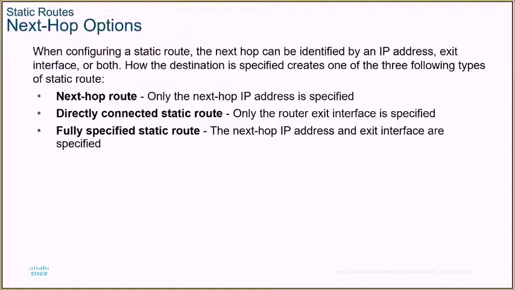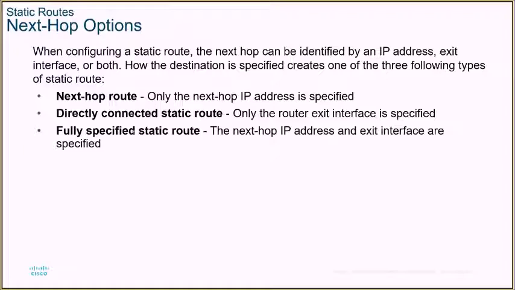That's why you need a next hop IP address. But with the next hop IP address, the router actually has to search the routing table twice, so that makes it slower. While with an exit interface or directly connected static route, it only needs to do that once. But of course, as I said, you can't use it on every network.